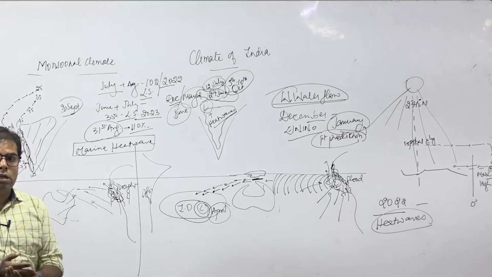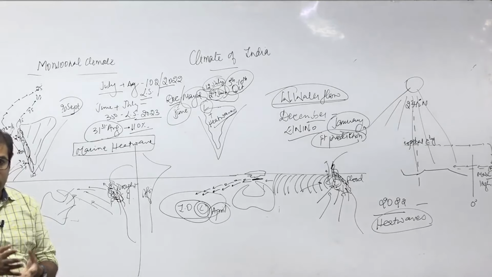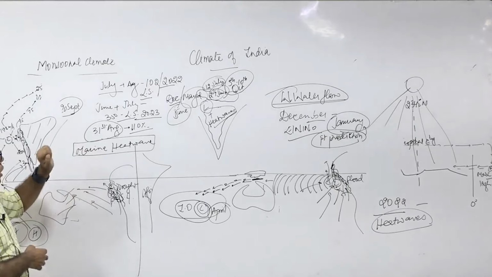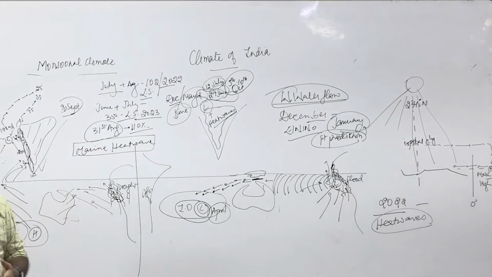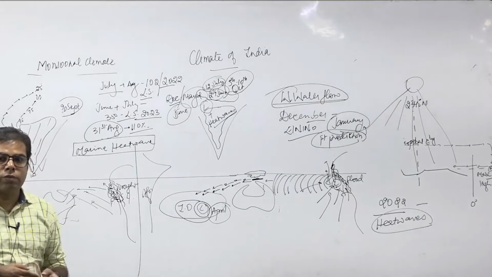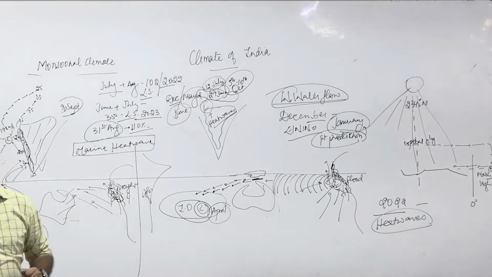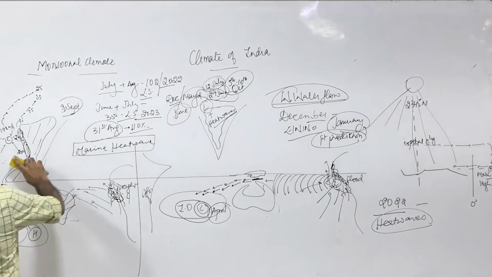Relatively lesser, weaker, so in these areas there has been a negative impact on the monsoon, because the only factor is the cyclone. Clear? Then after this, the rainfall pattern in India.